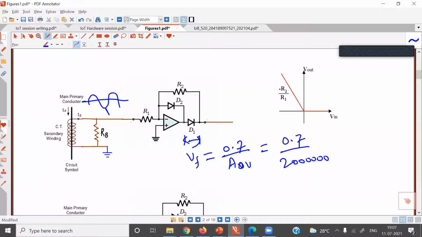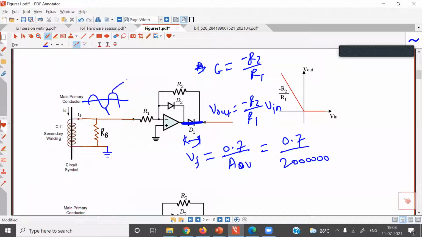So during the negative half cycle, we get a short circuit here. Now, as we have a short circuit, it becomes an inverting amplifier, and the closed loop voltage gain, I will write simply G, is minus R2 by R1. The output voltage during the negative half cycle, Vout, is minus R2 upon R1 into Vin. So if the ratio R2 by R1 is 1, Vout will be minus Vin.